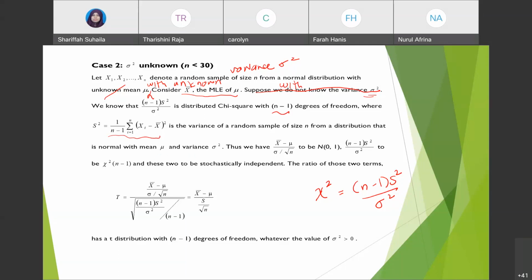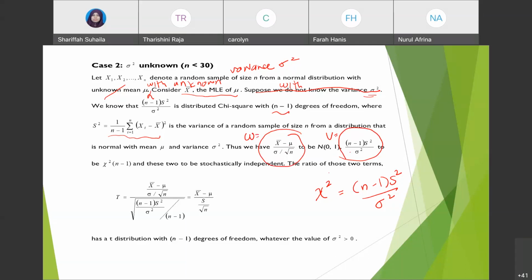Okay, so now we have standard normal here, x bar minus mu over sigma over square root of n, dan juga n minus 1 s square over sigma square. Okay, and these two random variable, so katakan ini tadi w, okay, this is your v lah ya. Okay, v, this is your w tadi.